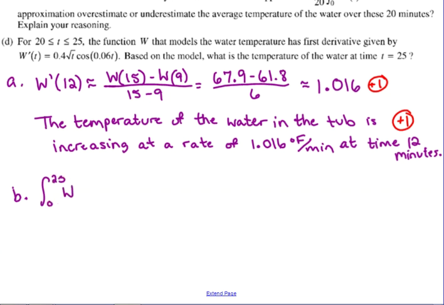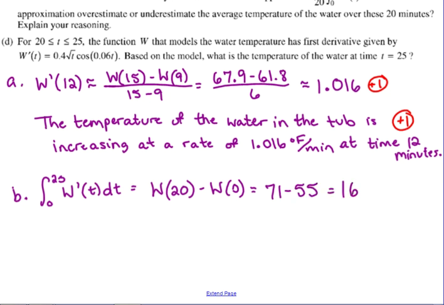Okay, so the integral from 0 to 20 of w prime dt is equal to w of 20, because the integral and the derivative cancel, so it's just w of 20 minus w of 0. From the table, that is 71 minus 55, so that is 16.